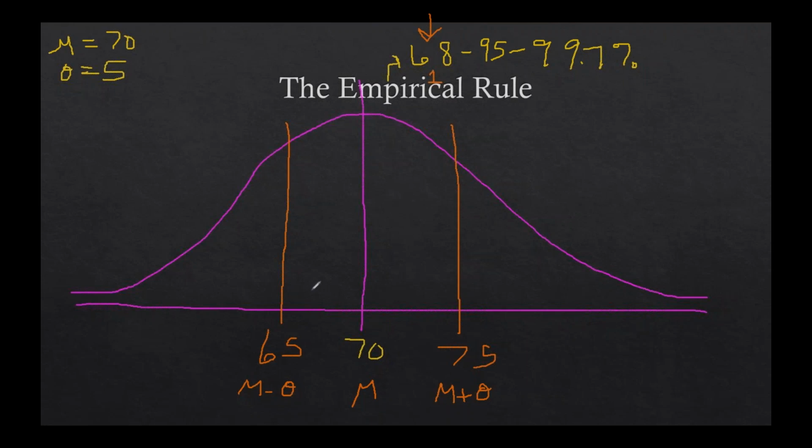Now remember what I said on that last screen before, that this is symmetrical. So this pink line cuts it in half. So from orange to orange, if this is 68%, how much falls in half of that?